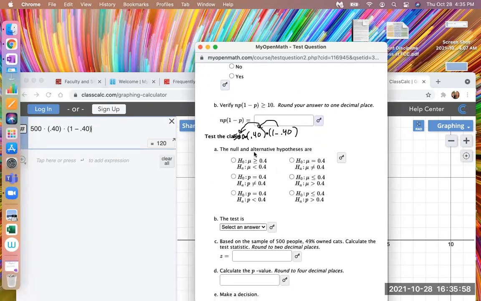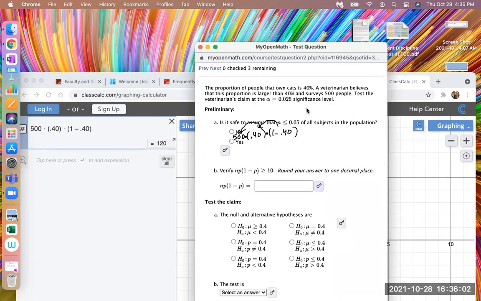Then they say the null and alternative hypotheses are. The alternative hypothesis is always probably the easiest to figure out from the wording, and we're looking for words like larger than, more than, less than, decreased, increased. Here it says a veterinarian believes that the proportion is larger than.